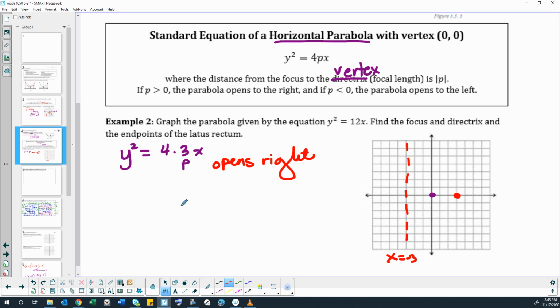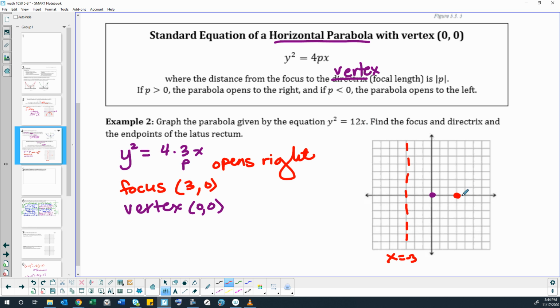So then our focus is at (3, 0), and our vertex was, of course, at (0, 0), because we didn't have any extra numbers that you're going to see here in a minute, moving it around. And now, last thing we need to figure out is the latus rectum. So to do that, we look at the number we started with, which was a 12. 4 times 3, 12, right?